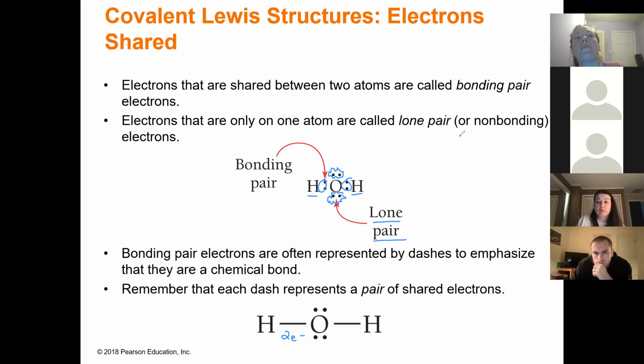If I do ammonia, it looks like this: nitrogen and 3 hydrogens. They're bonded together, and then there are 2 electrons here. I would say that there are 3 bonding pairs and 1 lone pair. You want to be able to identify those, bonding versus lone.